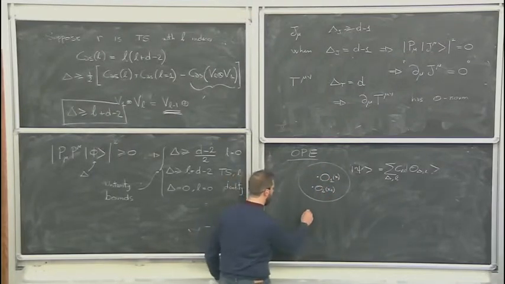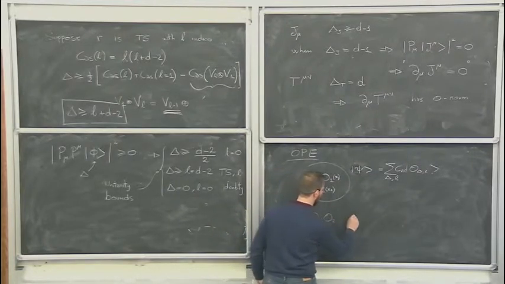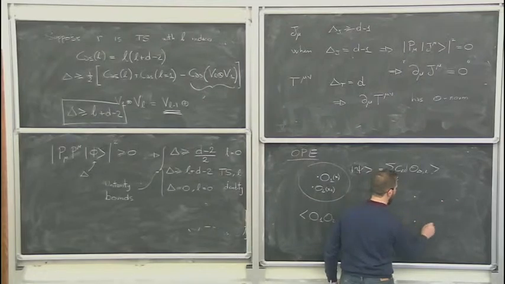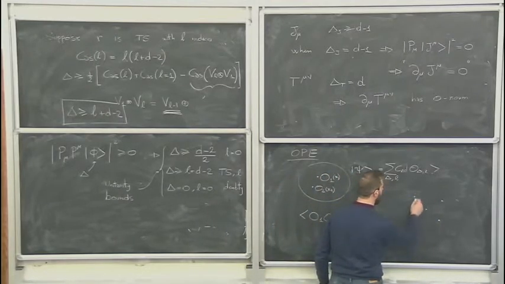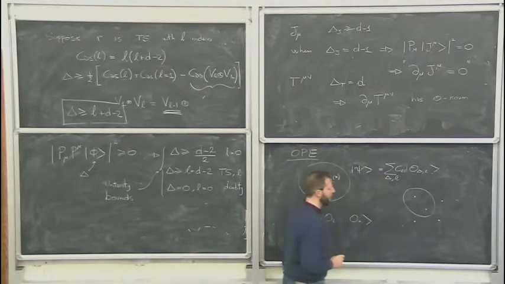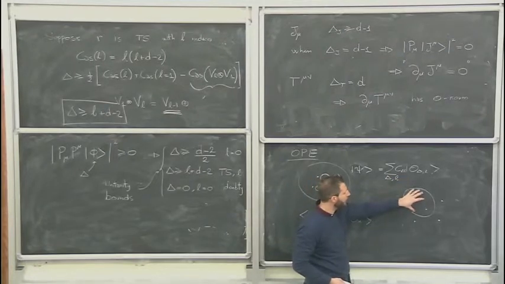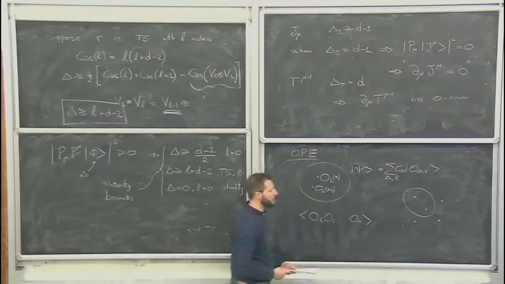If I have a correlation function involving multiple operators, I can always take two of them, draw a sphere that surrounds them, and replace the state living on the sphere with a sum of states in well-defined irreducible representations.